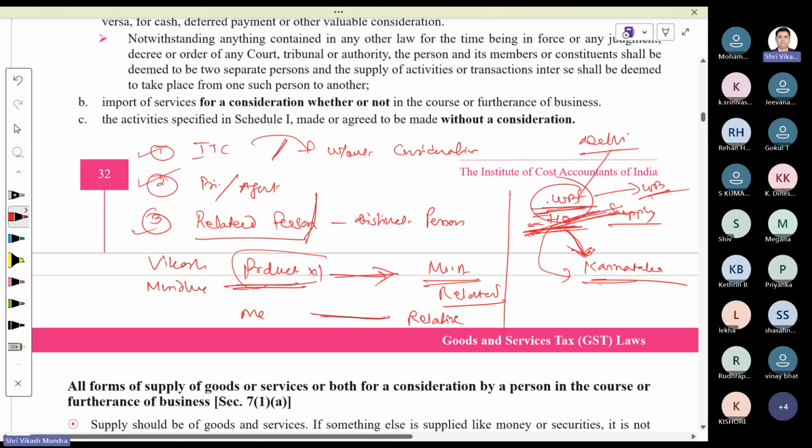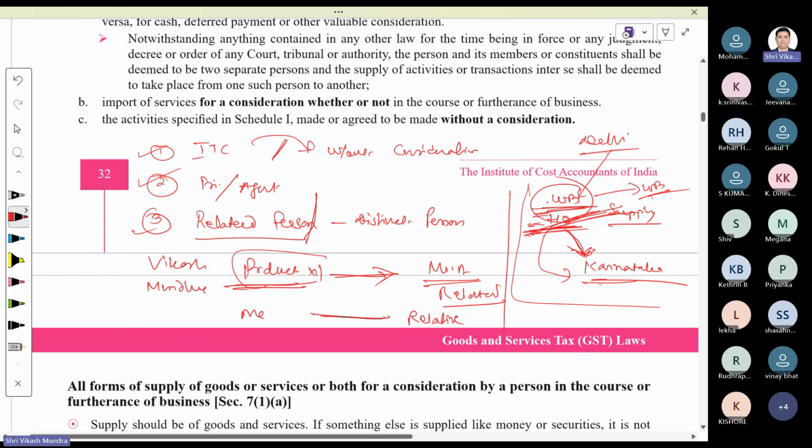If we did not consider this as a supply because there is no consideration and they are not related persons, how will we shift our tax from West Bengal to Karnataka? For the purpose of shifting this tax from the pocket of the West Bengal government to the pocket of the Karnataka government, we want to treat this transaction as a supply.